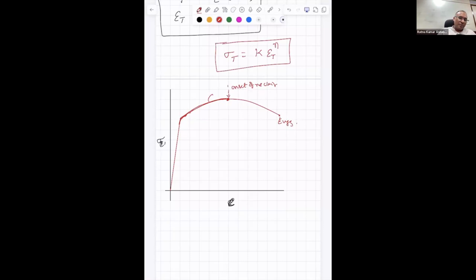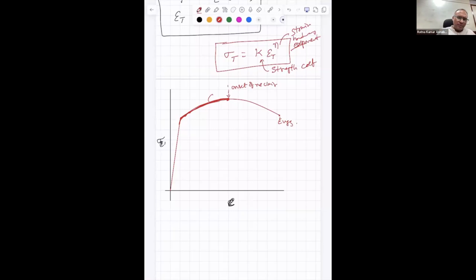Let us say this is where plastic deformation is starting, and this region can be represented by this, where k is called the strength coefficient and n is called the strain hardening exponent. So it basically tells you how the strain hardening is taking place. It can be a non-linear response up to the onset of necking.